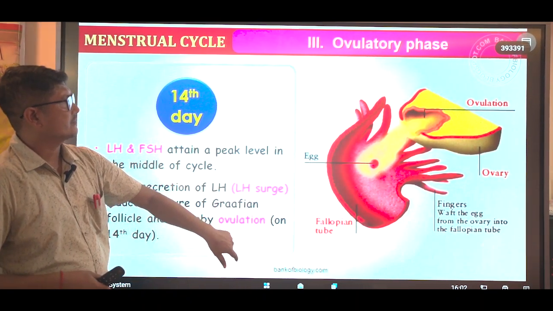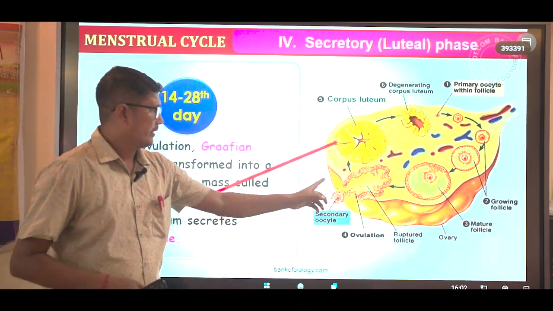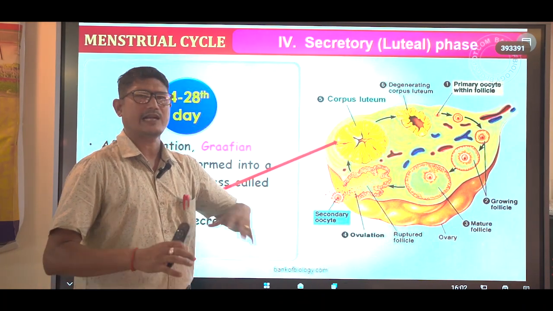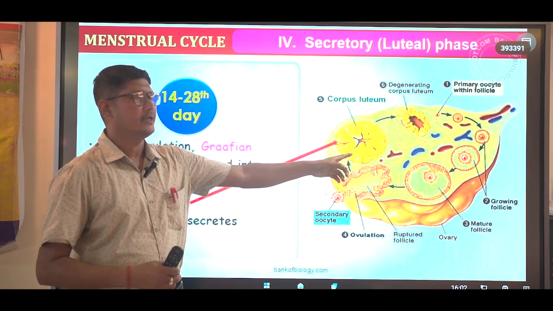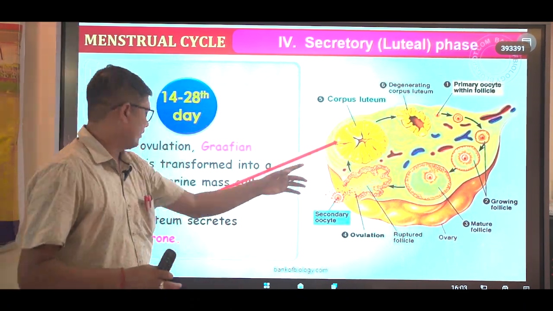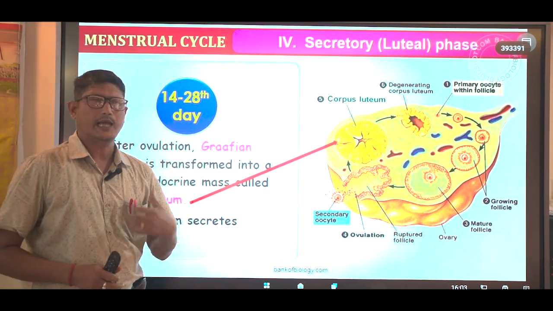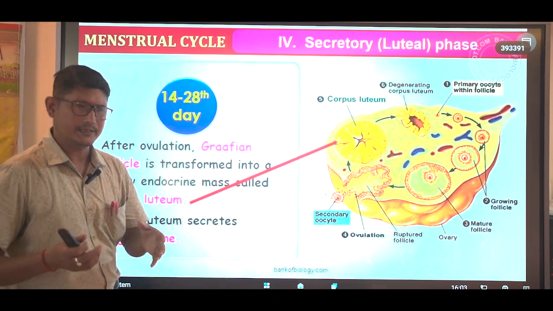After that, we have the secretory phase or the luteal phase, during which the remaining part of the Graafian follicle will transform into a structure called the corpus luteum. This corpus luteum will start synthesizing a very important hormone called progesterone. This progesterone will help in the maintenance of the endometrium in case of pregnancy.